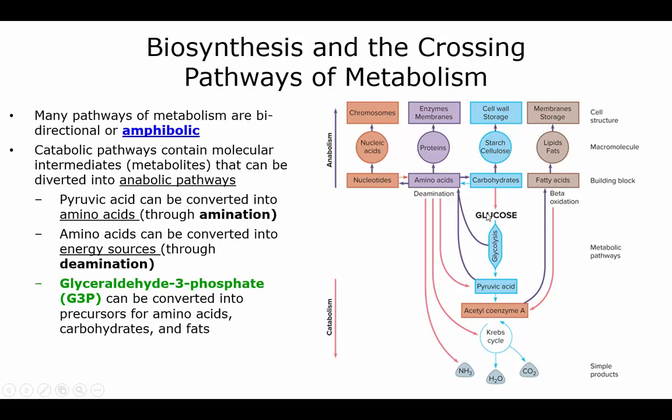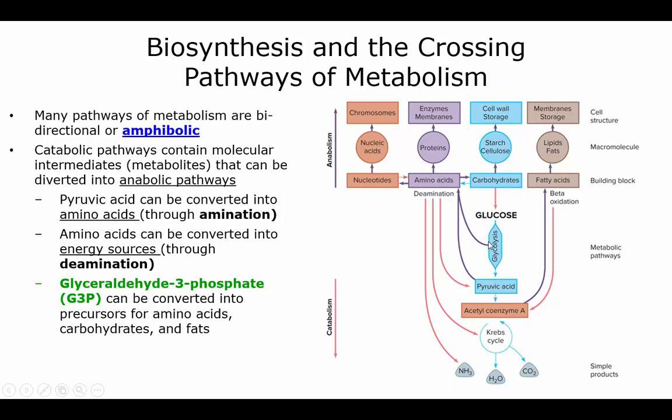We know that glucose can be broken down in glycolysis and be turned into pyruvic acid and then be turned into acetyl-CoA, which can then be broken down into other molecules. Well, guess what? Glucose can also be broken down through glycolysis and turned into amino acids. Or it can be broken down into pyruvate and acetyl-CoA and be turned into fatty acids and lipids. And it can be turned into amino acids, which can then be turned into nucleotides.